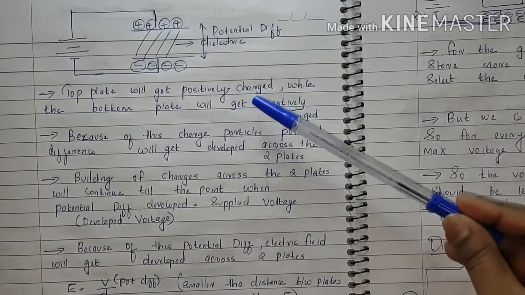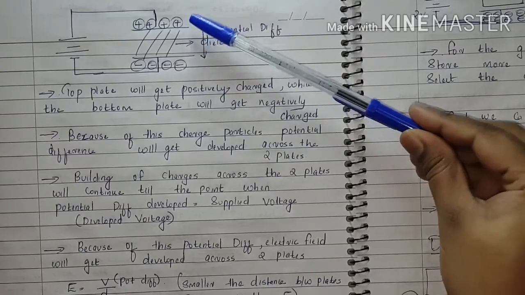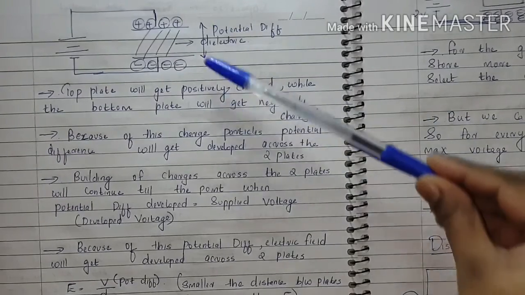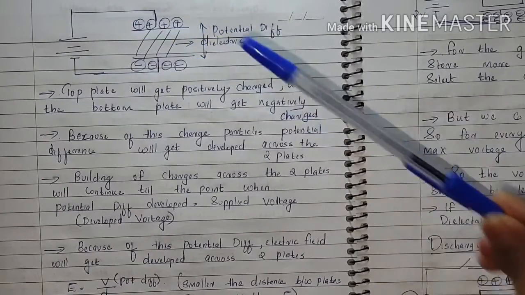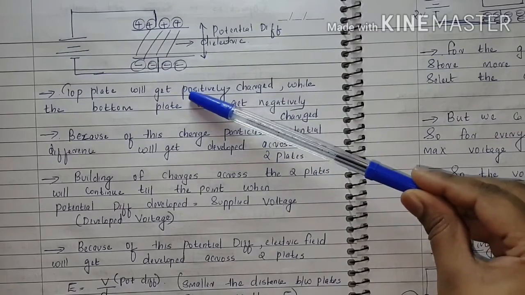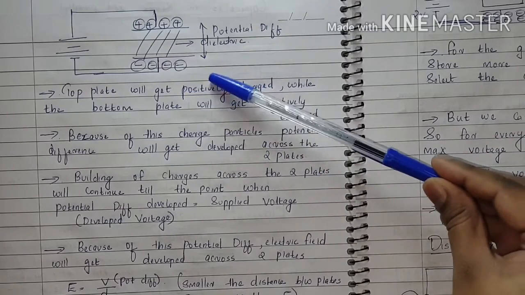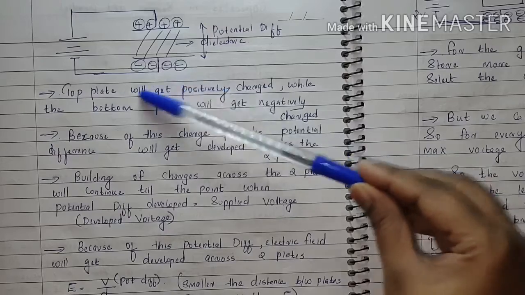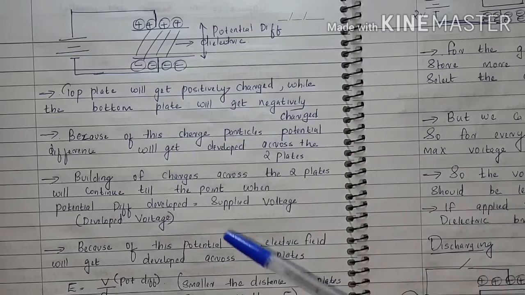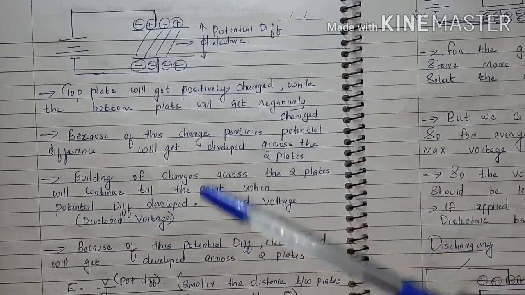Because of the shortage of electrons, the top plate will get positively charged, while the bottom plate, having an excess of electrons, will get negatively charged.